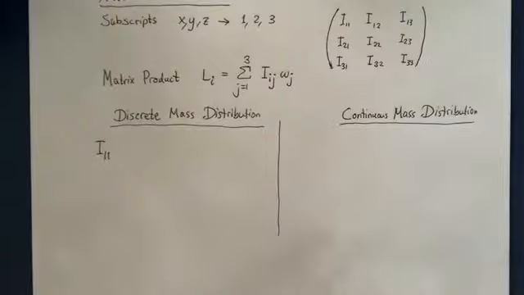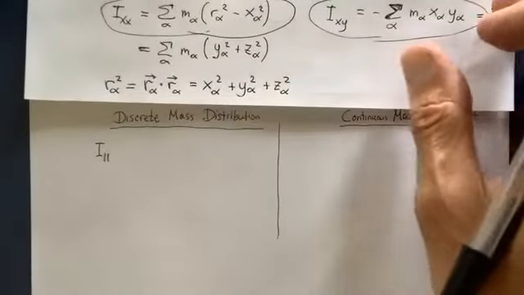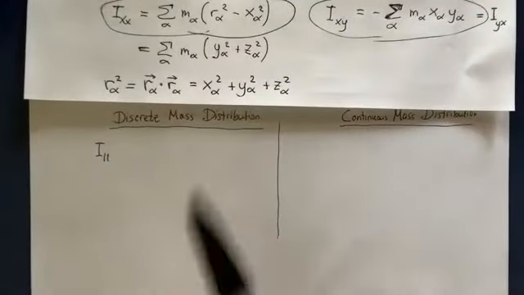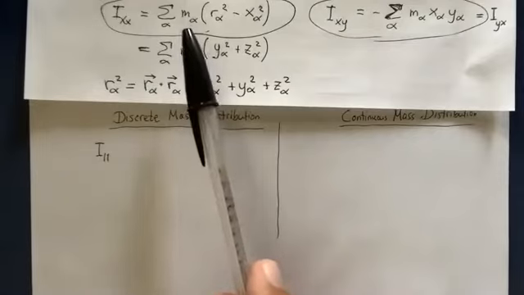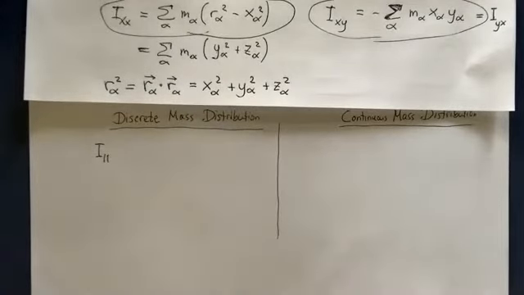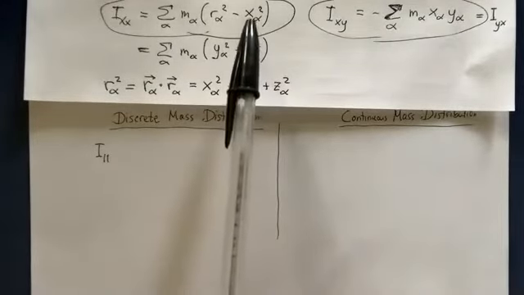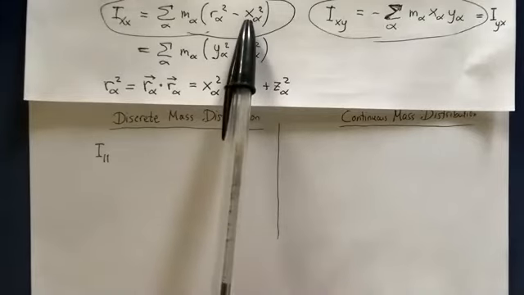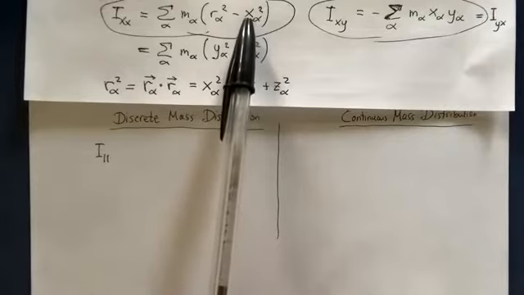Remember we had an equation for, let's position the paper like this. Okay, so we had this equation for Ixx. Okay, here's the central kind of difficulty. This x sub alpha, this is going to be a little bit more cumbersome to write.